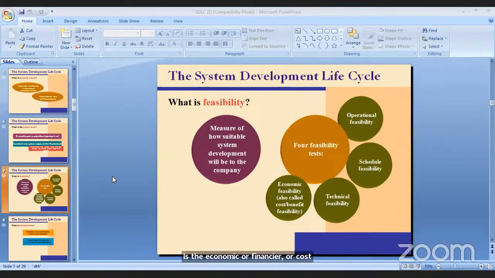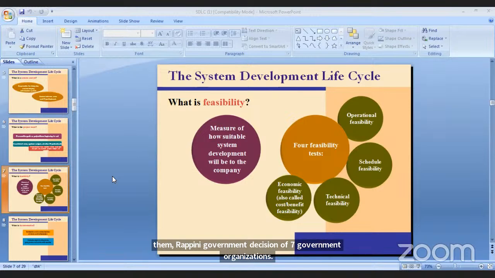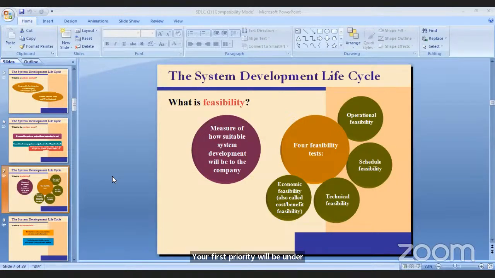As the manager of any government or semi-government organization, your first priority will be the operational feasibility. In the operational feasibility, we check whether the system practically has some advantages during its use on the client side or not.